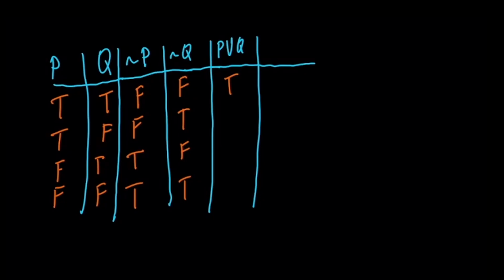Remember, this is P or Q. We're basically performing a short circuit evaluation, and it's just going to create true as an output. Now, what if it was the other way around? It'd be the same as before in the second row: true. And if they're both false in either P or Q, the final output is going to be false.